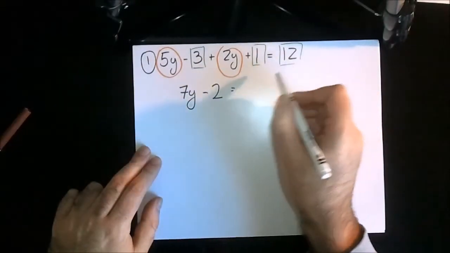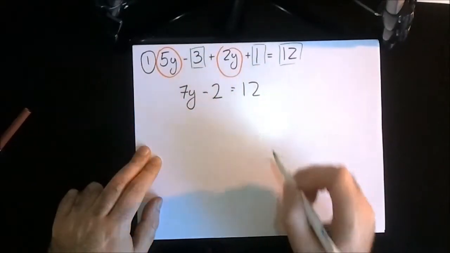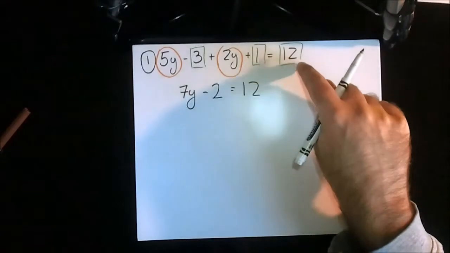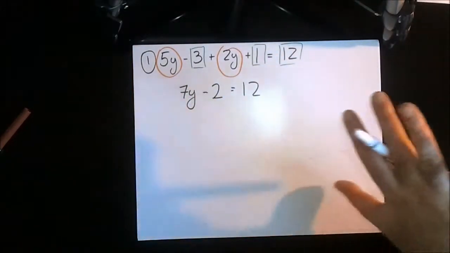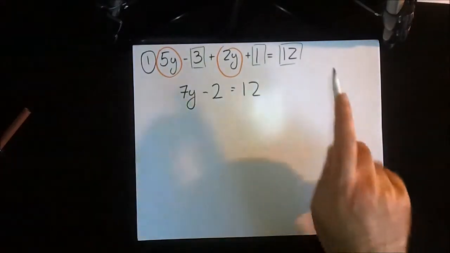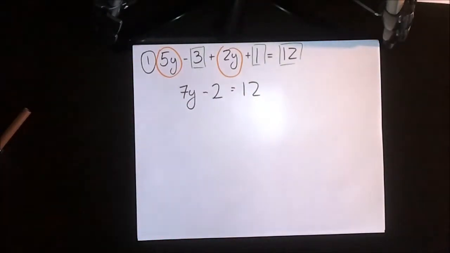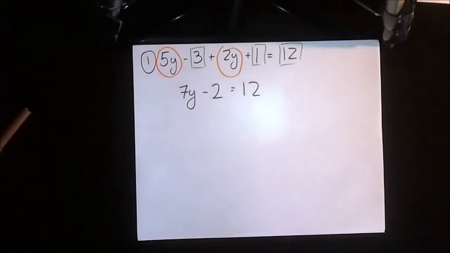All of that equals 12 because we can't really do anything with this constant. While it's a constant, just like the other two, it's off on its own side of the equation. If there was something else here, we could have combined that, but it's alone on its own on that side of the wall.